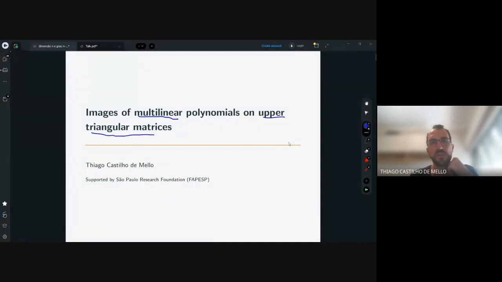First I will motivate this kind of problem and present some results which are known about full matrices and other algebras, and in the end I will present our result on images of multilinear polynomials on upper triangular matrices. That is a joint result with Ivan Gonzalez Bergante.